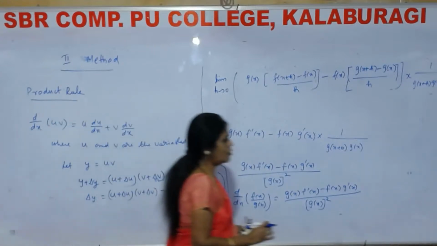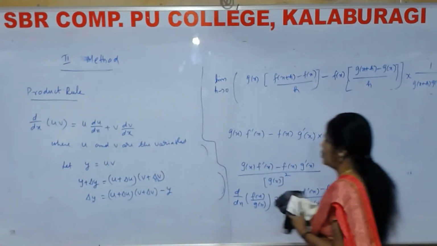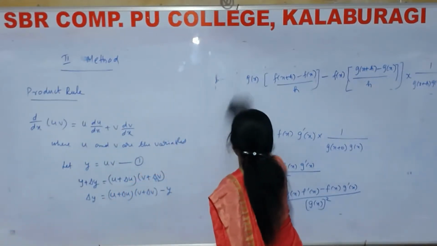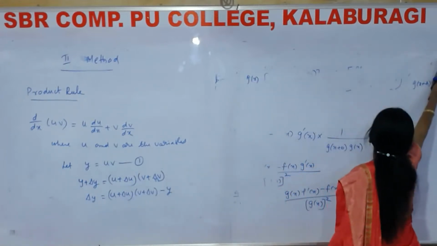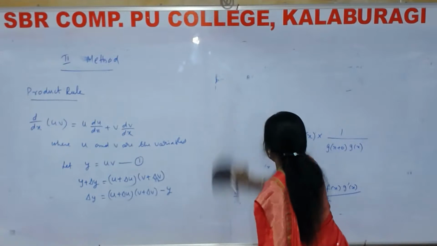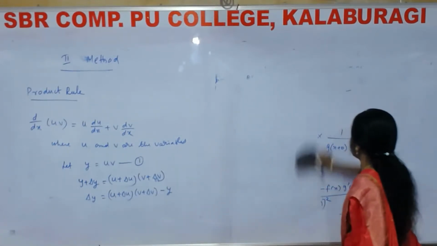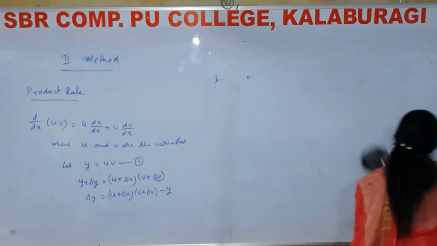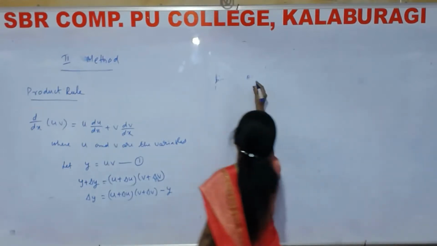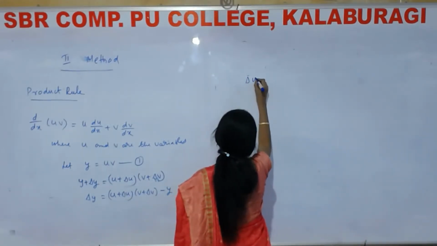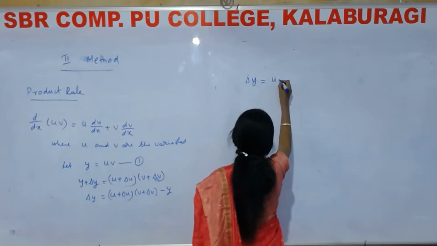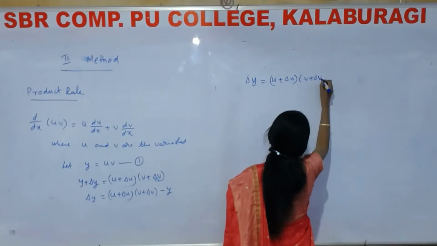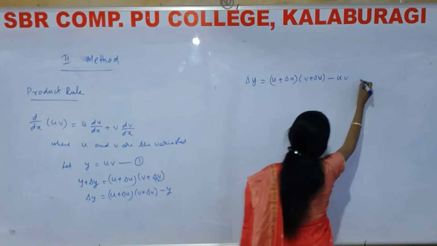What is y? Now, delta y equals u plus delta u into v plus delta v minus uv.